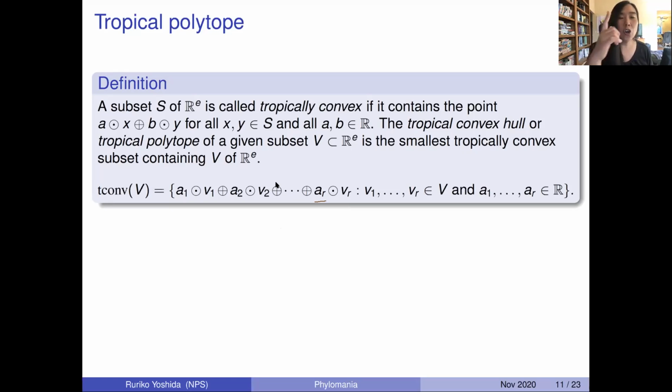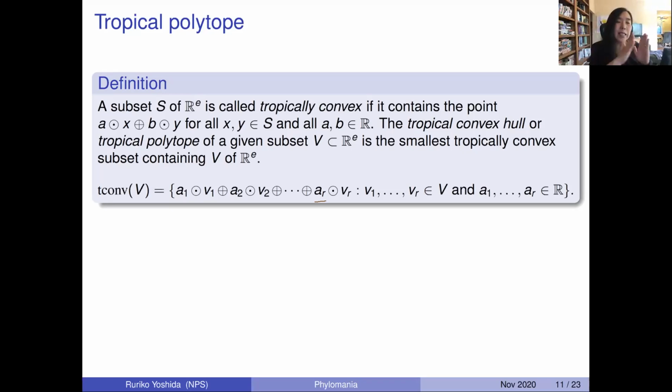All right. So I want you to think about this. In classical Euclidean space, if we have vectors V1 through VR, and A1 through AR are real numbers, then instead of tropical multiplication and tropical addition, these definitions define the classical linear space.